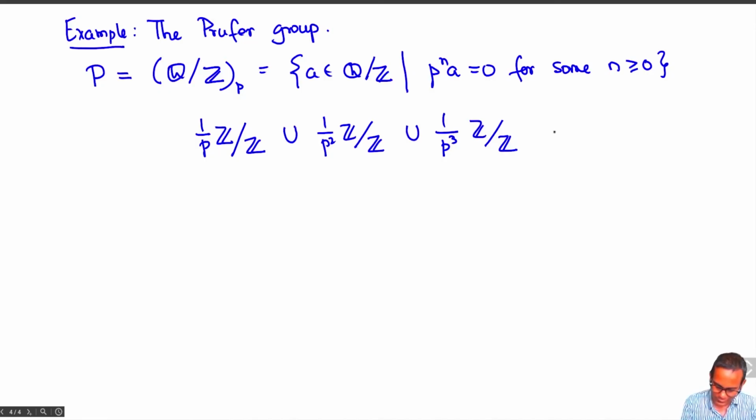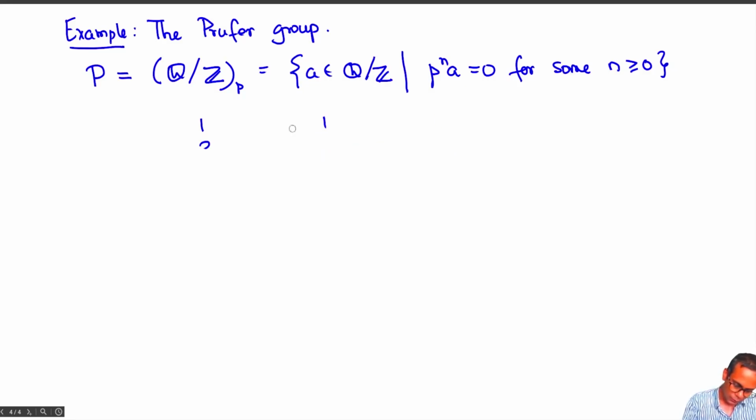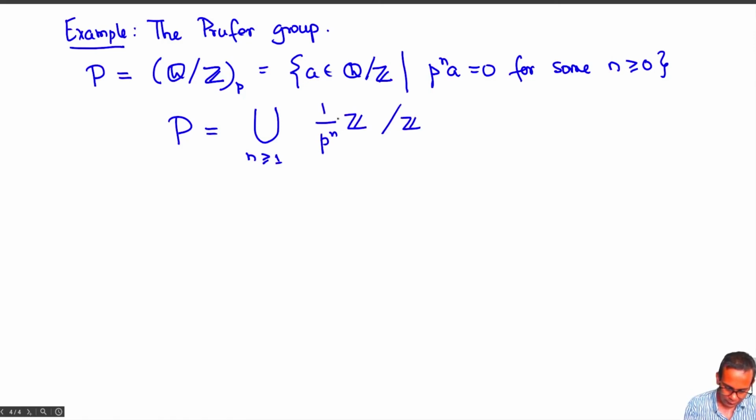But what we want is an infinite union, and that will give you the full Prüfer group. So the Prüfer group P is equal to the union over n greater than or equal to 1 of 1 over P to the n Z mod Z. So this is an increasing union of subgroups of the Prüfer group.